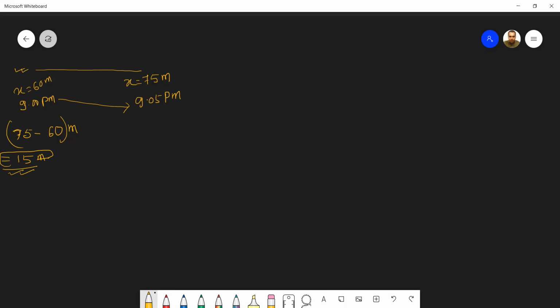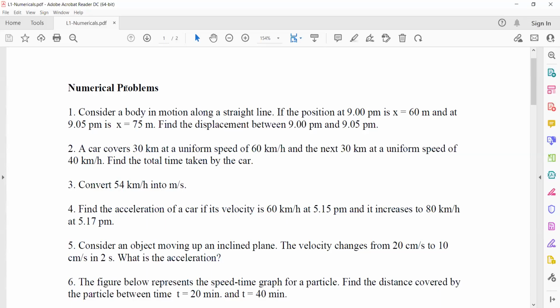Now let us check the second question. Here you can see the second question. A car covers 30 kilometers at a uniform speed of 60 kilometers per hour, and the next 30 kilometers at a uniform speed of 40 kilometers per hour.